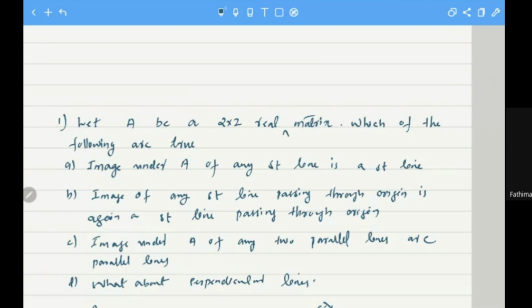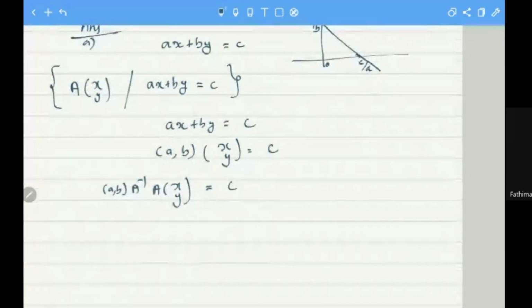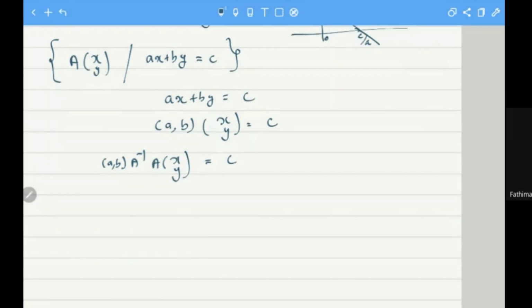Here A is a real invertible matrix. Sorry for that, I missed it. So because A is invertible, I can plug A inverse A inside it, right?